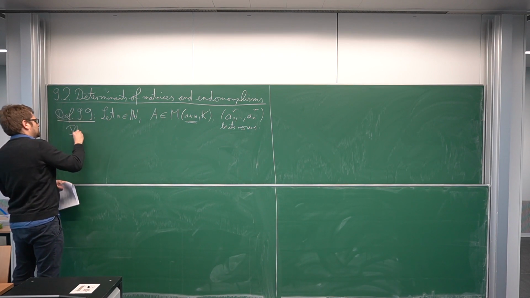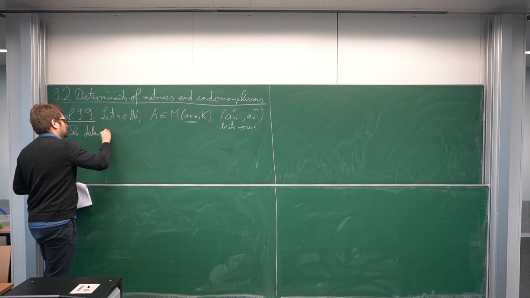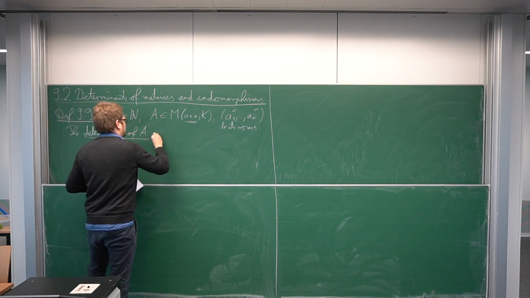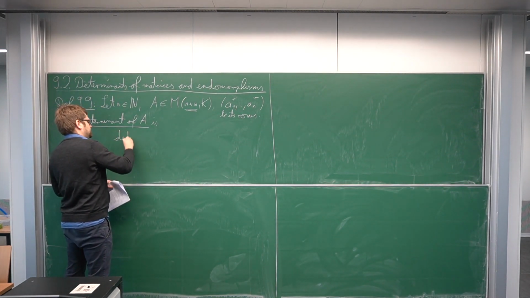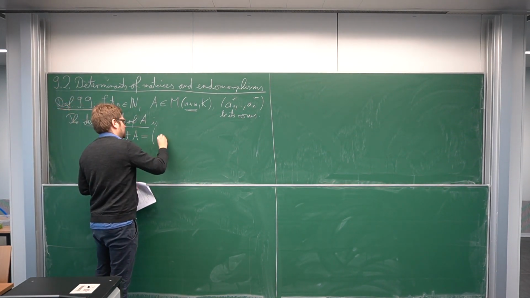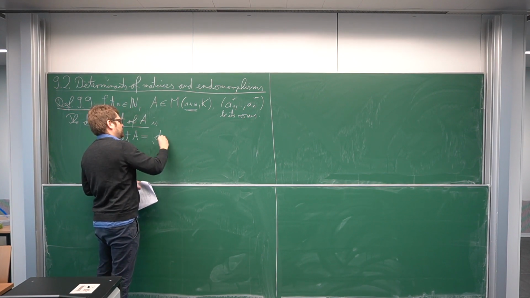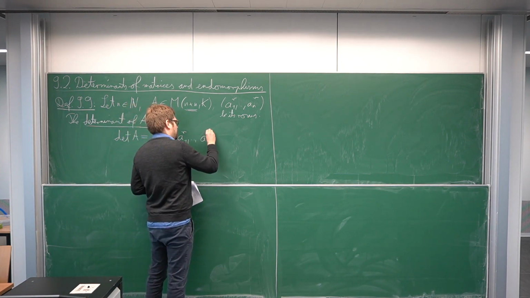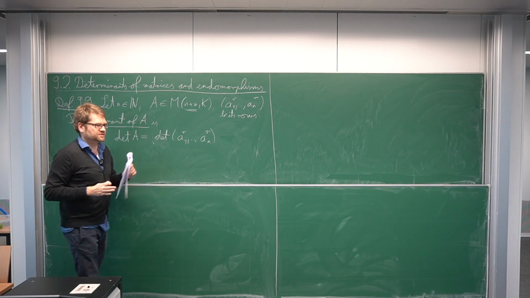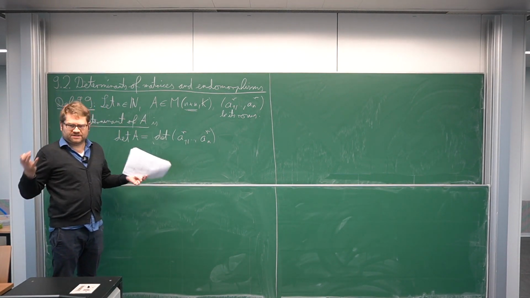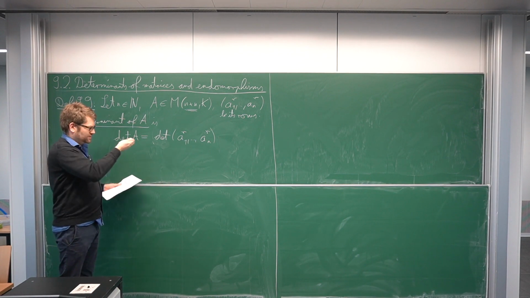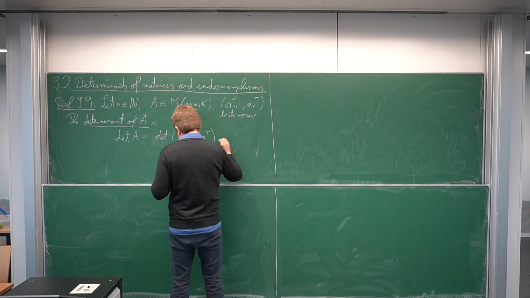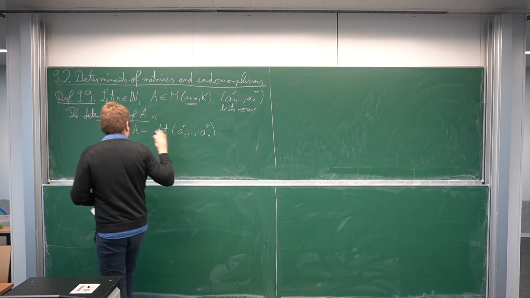The determinant of A is then the det of AR1 to ARn, and I'm a bit messy, of course, because a row vector, again, I identify a row with a point in k to the n. So just instead of a row, I consider this as a tuple in k to the n. Then this expression is defined as in the previous section. Yeah, this is the definition of the determinant.